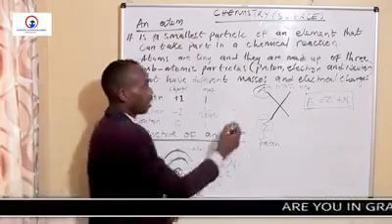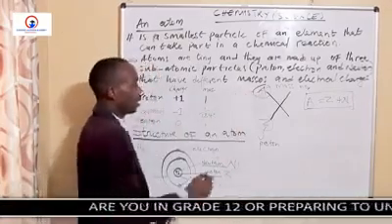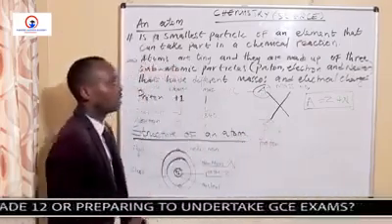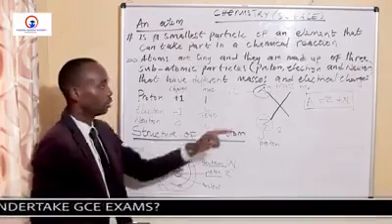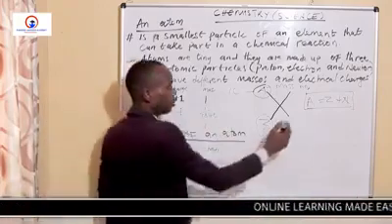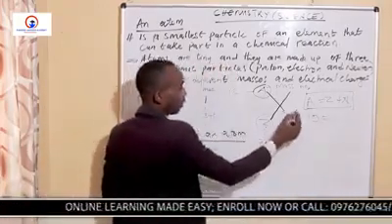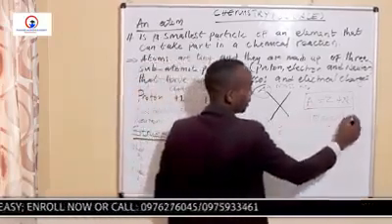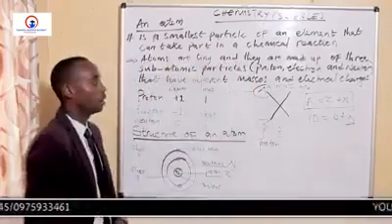For example, if we are given the mass number to be 10 and the proton number to be 2, then we are told to calculate the number of neutrons in this particular atom. What we are simply going to do is replace in that particular equation. Where there is A, we put 10, is equal to, where there is Z, we put 2, plus N, since we want to locate the number of the neutrons.